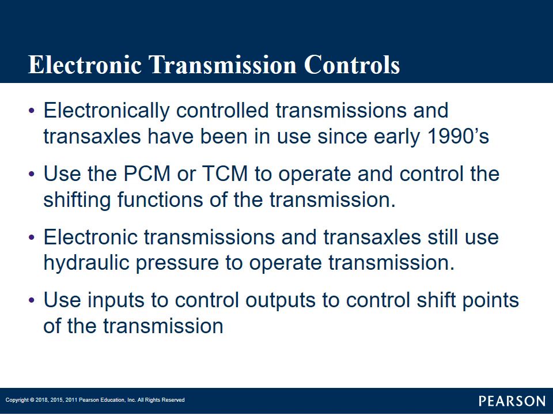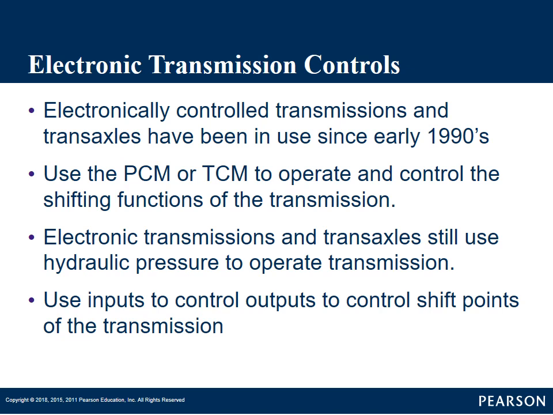Electronic transmissions and transaxles still use hydraulic pressure to operate the transmission. That hasn't changed. We still have a fluid pump. We're still pressurizing fluid using a regulator to control that fluid pressure. But now we're using solenoids to help do that much more accurately. We're using a pressure control solenoid to help control the pressure control valve.